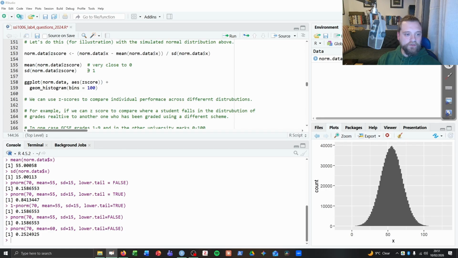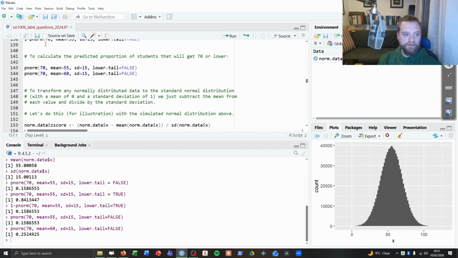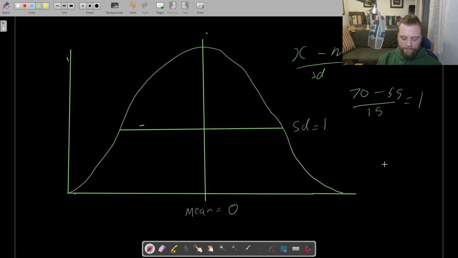Now, what is that z-score? Well, it is the representation of the relative position of that 70 on this distribution in terms of the standard distribution. So our x, in this case, becomes a z-score of 1, which means 1 standard deviation from the mean.